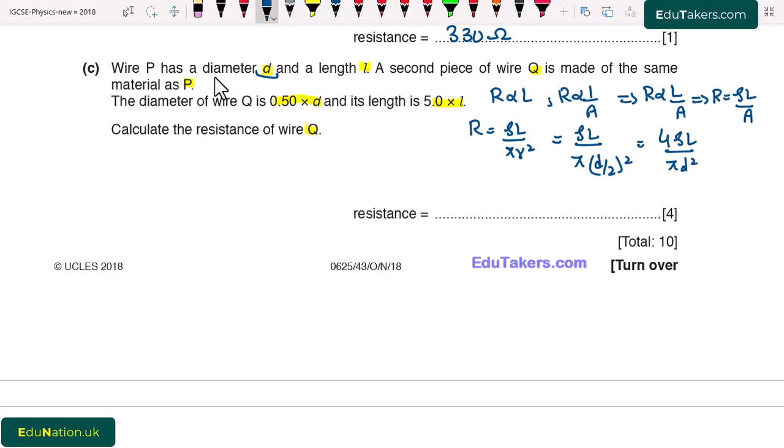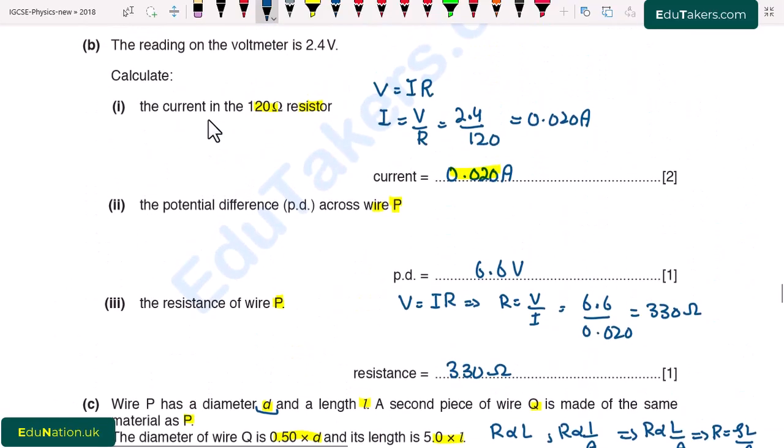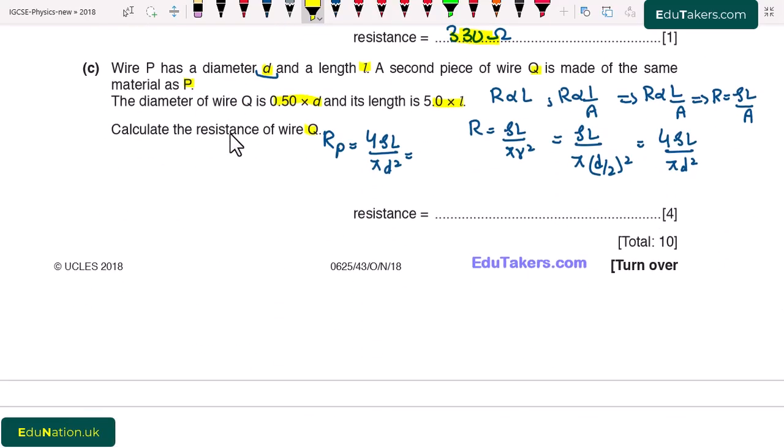Now I write this formula for wire P. It will be 4 rho L over pi D squared, and previously we have found the resistance of wire P, which is equal to 330 ohms.